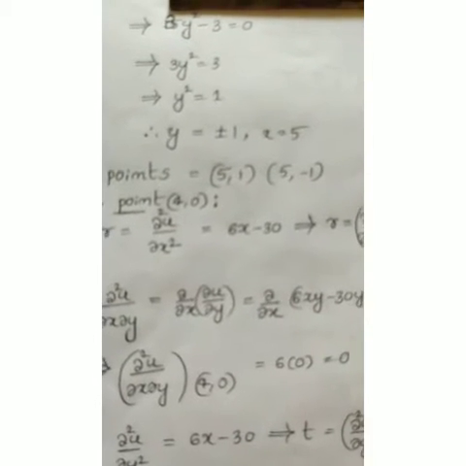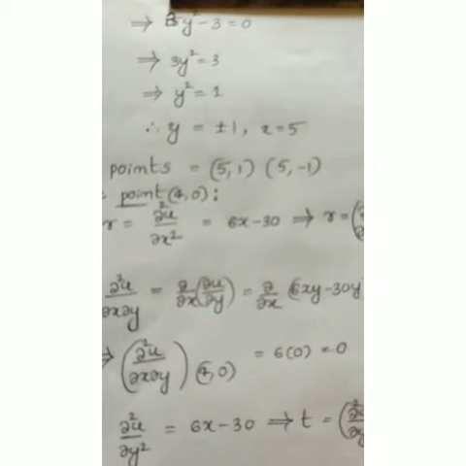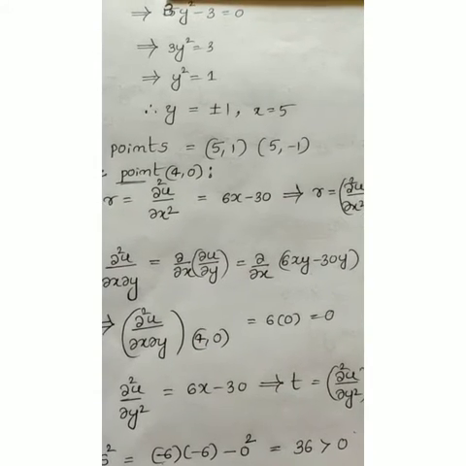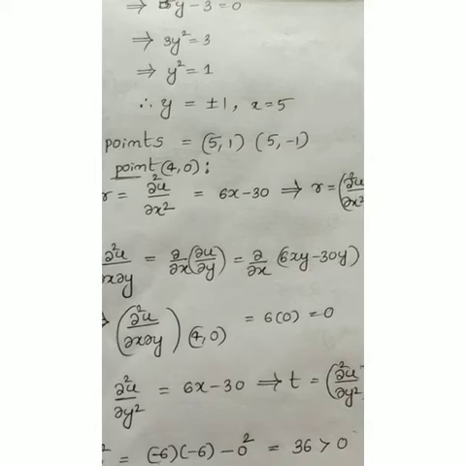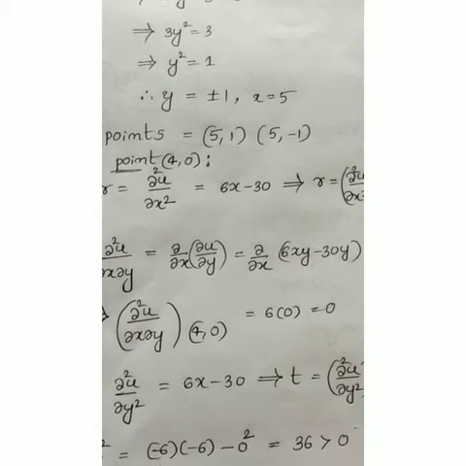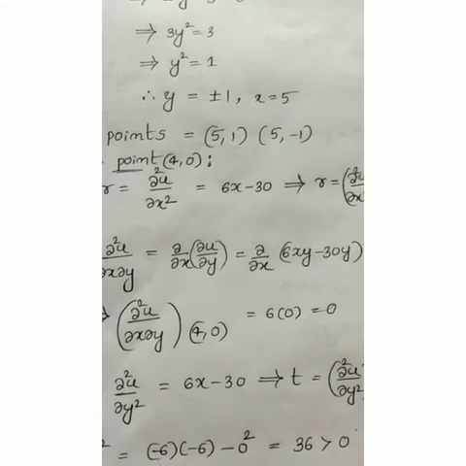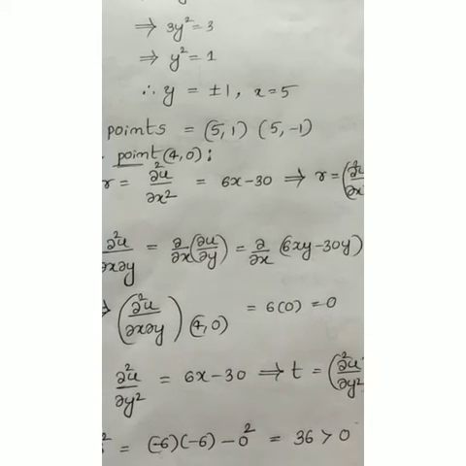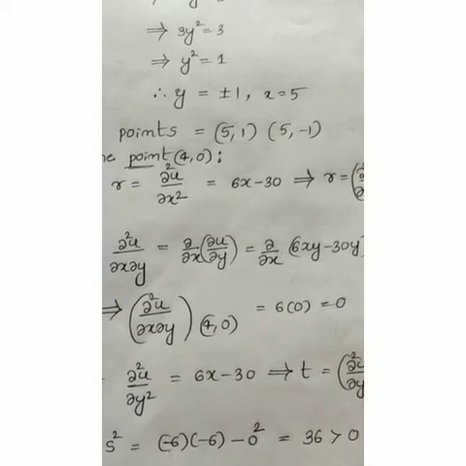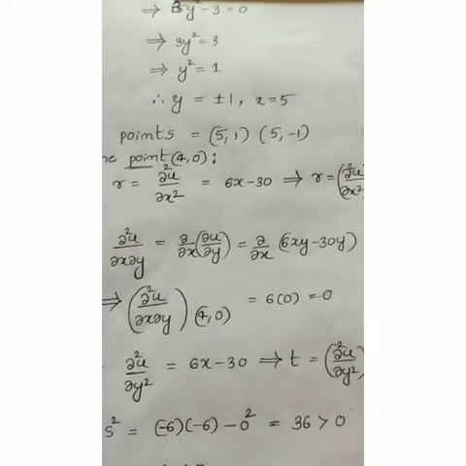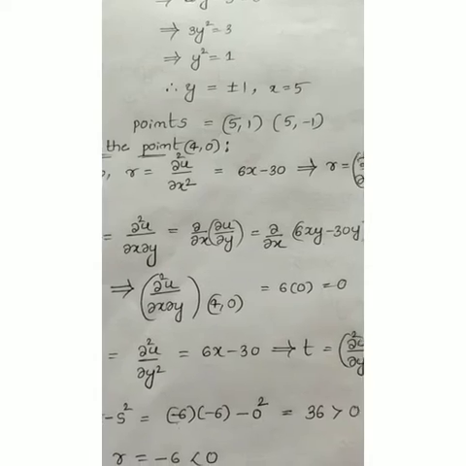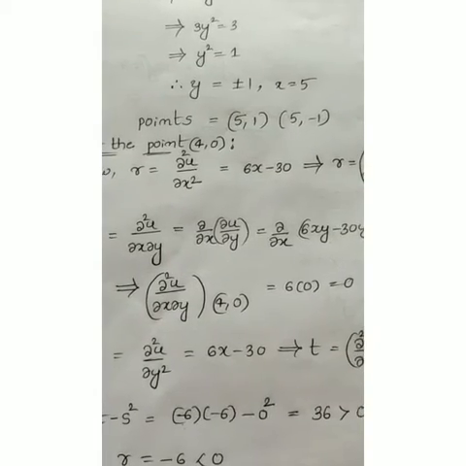So that 3y square minus 3 equal to 0. That implies 3y square equal to 3, then y square equal to 1, then y equal to plus or minus 1, and x equal to 5. Then the points are 5 comma 1 and 5 comma minus 1. So here we get the 4 points: 4 comma 0, 6 comma 0, 5 comma 1 and 5 comma minus 1.